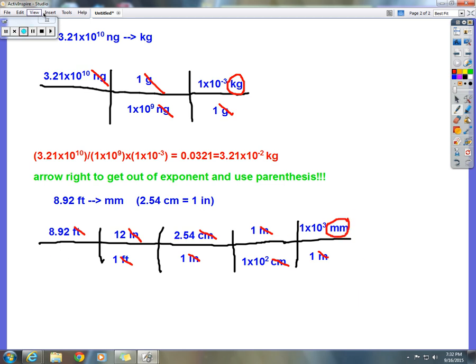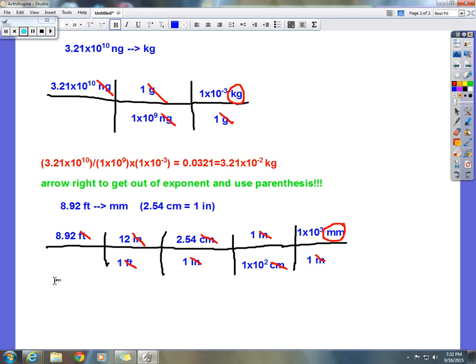Alright, so next I'm going to type into my calculator 8.92.